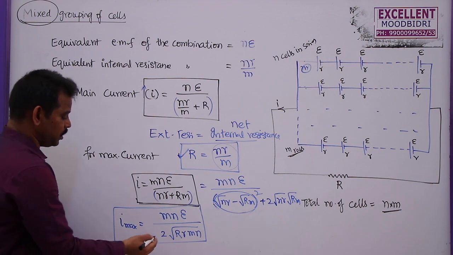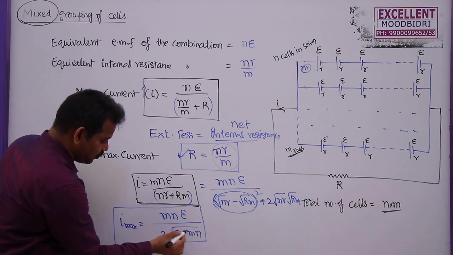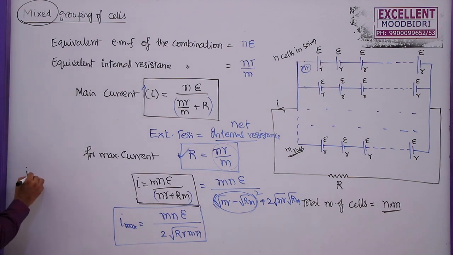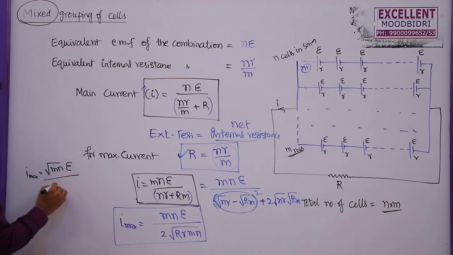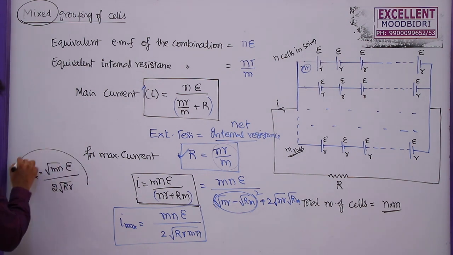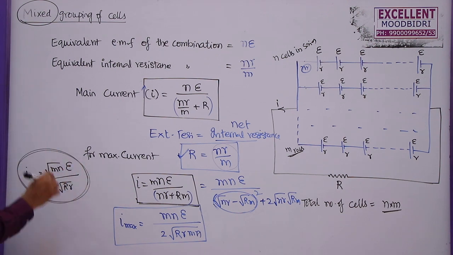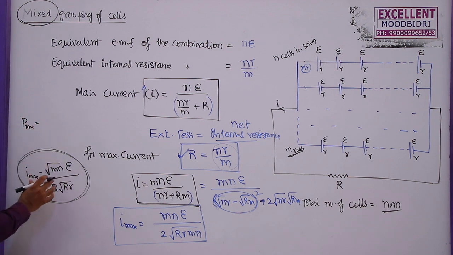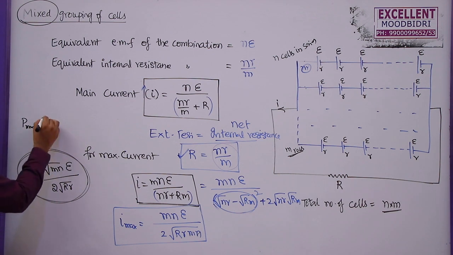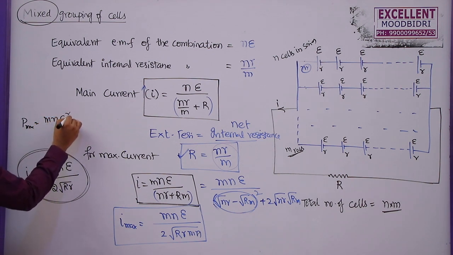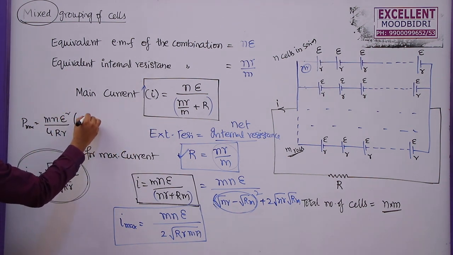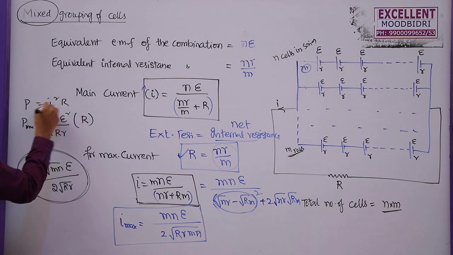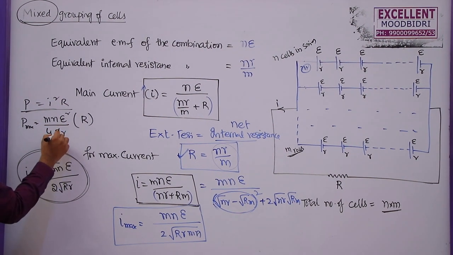To find the maximum current, once again you can write this, M and root M cancel, N and root N cancel. The maximum current through this circuit is given by root MN into E by 2 root capital R small r. Whenever the current is maximum, the power consumed is also maximum, which is equal to I square R. If you square this one, you will get MN E square by 4 capital R small r into the resistance, because power is equal to I square R. This R and R get cancelled.